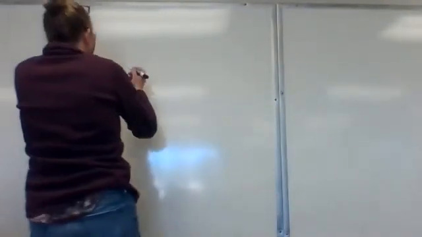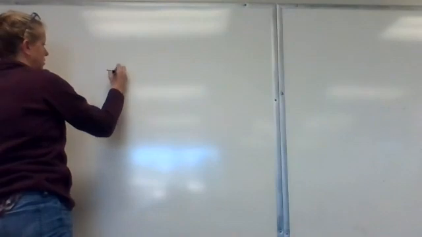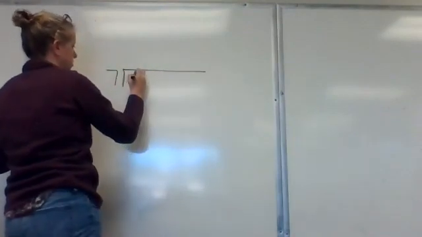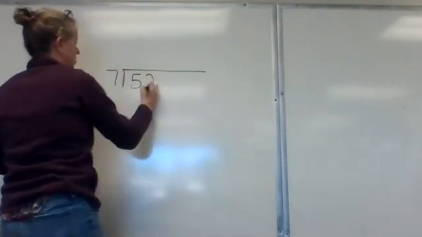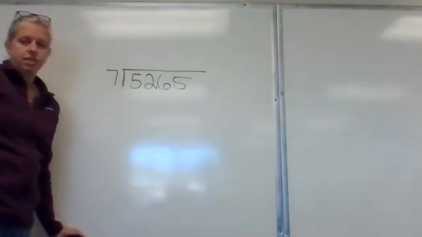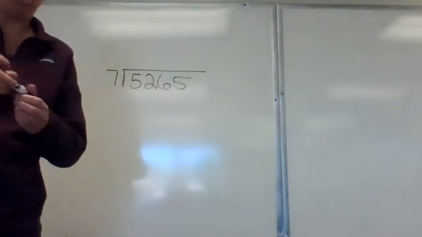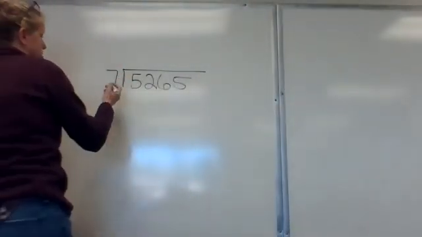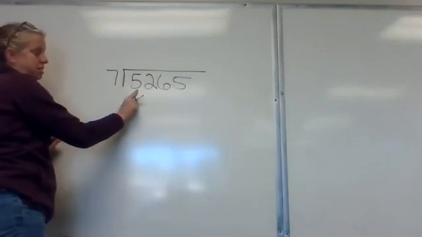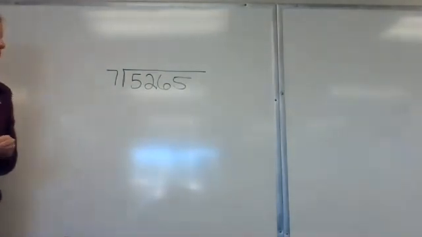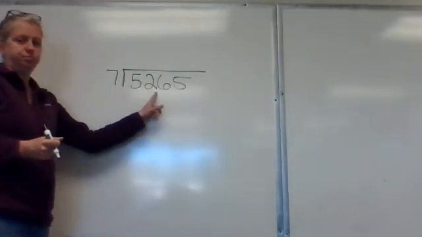When you are doing long division, like this, just a regular old long division problem, remember, the first thing you do is you look at this number and decide how many times it goes in. 7's too big to go into 5, so we're actually looking at the 52.